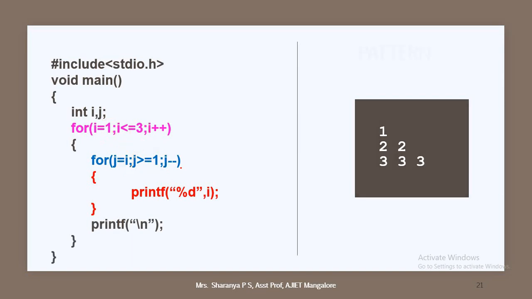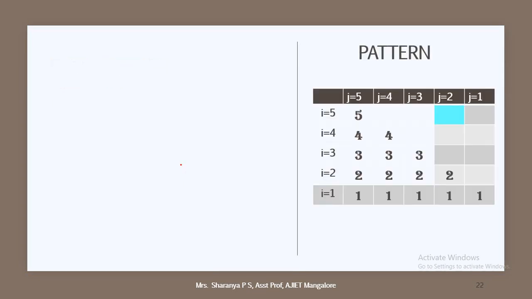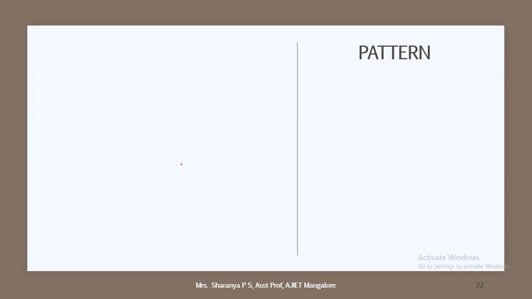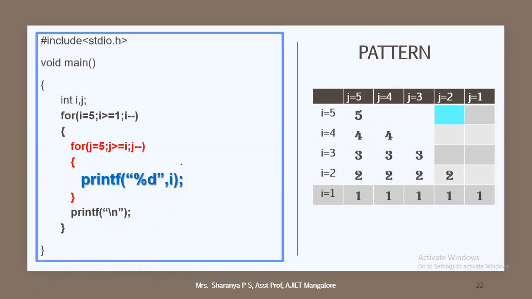Same code. Suppose we make a slight change to the same code. Suppose we try to print the value of I here, how can we proceed? We take a larger I value, running just the opposite of what we have discussed.